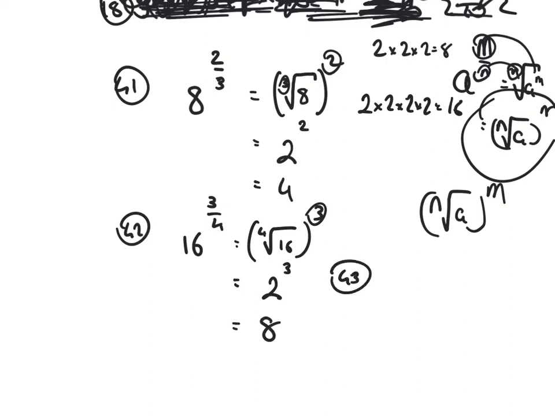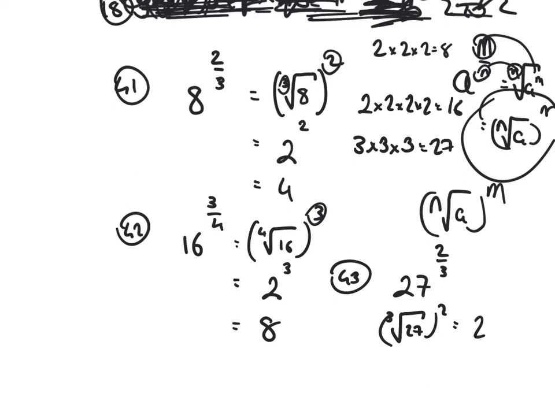Example 43. 27 to the power 2/3. Okay, so that's the cube root of 27 squared. Cube root of 27 is 3, since 3 times 3 times 3 is equal to 27. So it's then 3 squared, which is 9.